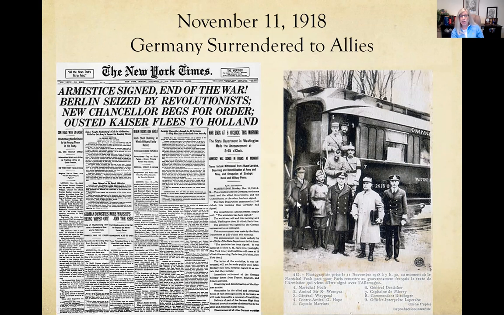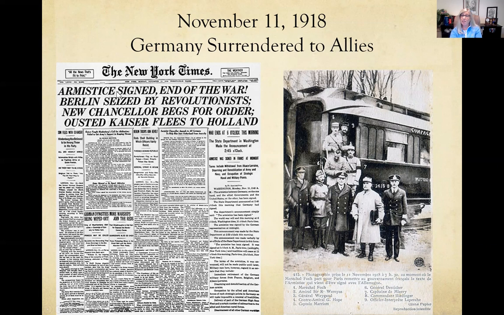Eventually, 1918, Germany is going to surrender to the Allies. So we talked about that when the United States arrived and took full control. US arrives in late 1917, takes full control of the AEF in early 1918, and then the surrender happens in November. And it happens here on this particular train car where the Germans surrender to the Allies.